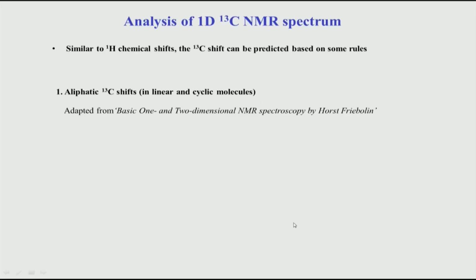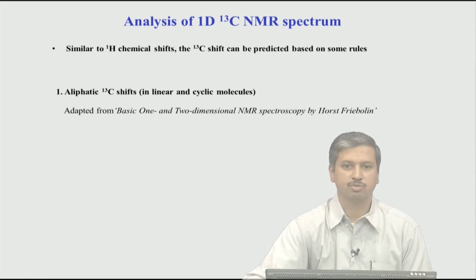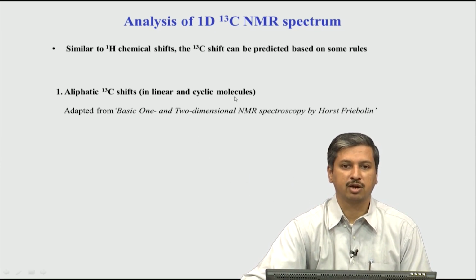Now let us move to how we interpret or analyze a carbon-13 1D NMR spectrum. The next few slides show a set of tables adapted from this book, which has much more extensive tables you can refer to. What we are trying to do here is, given a structure of a molecule, see how we can predict the chemical shift value.